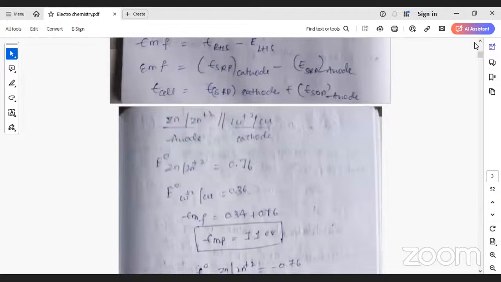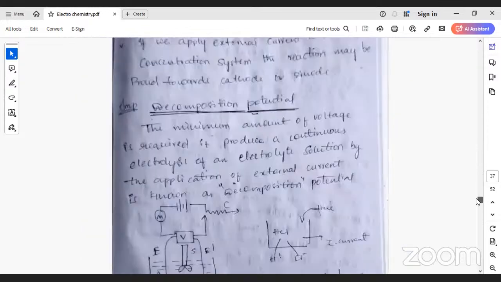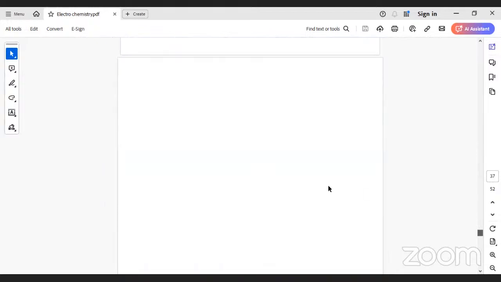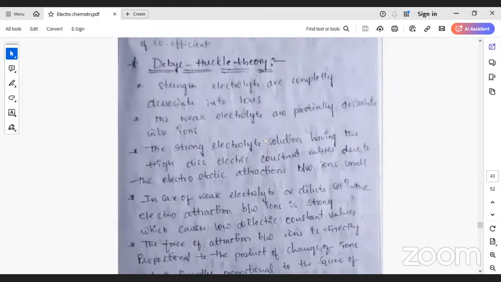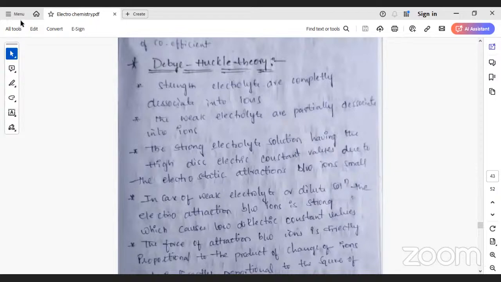Yes. Right. Is it visible? Yes, sir. Right.